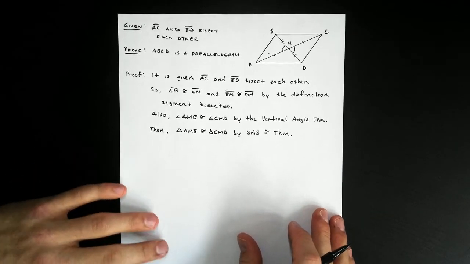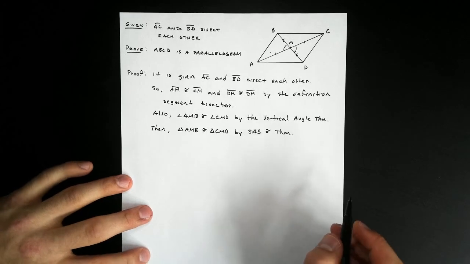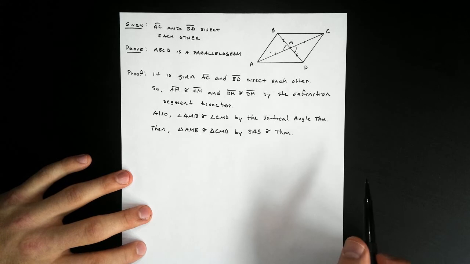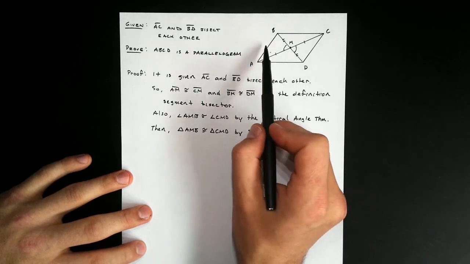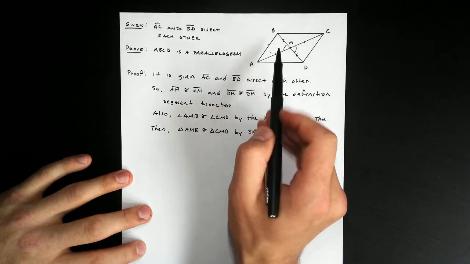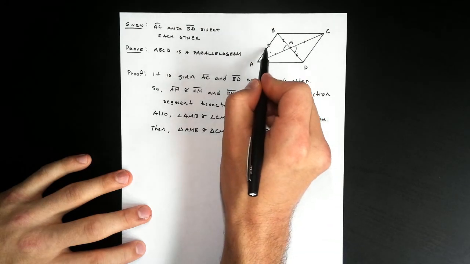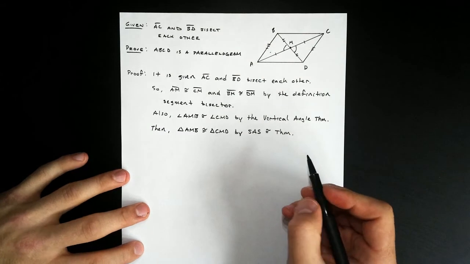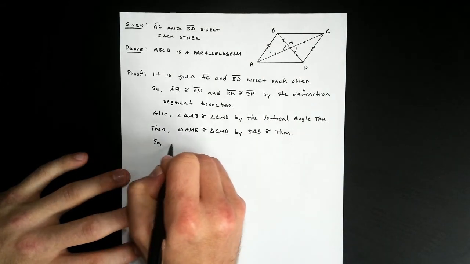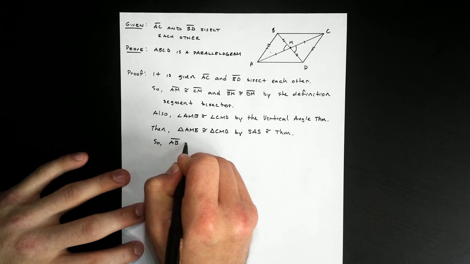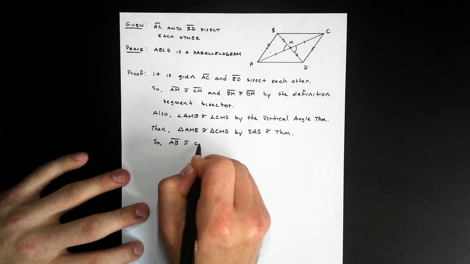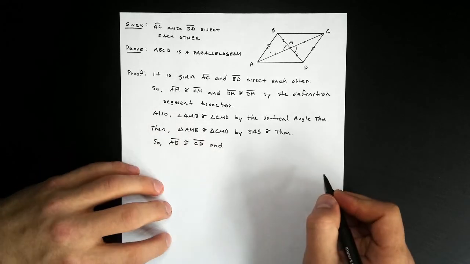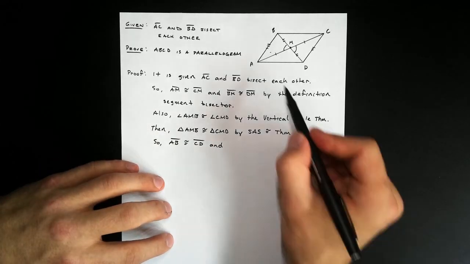Okay, so now that I know that these triangles are congruent, I also know that their corresponding parts have to be congruent as well. So the first one we're going to look at is their third pair of sides, which also has to match up. So AB and CD, those two segments have to be congruent. And then we also know that the other angles have to match up as well.